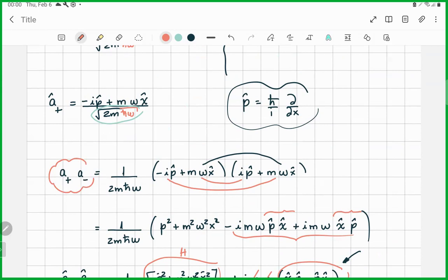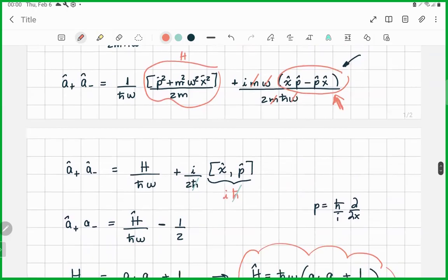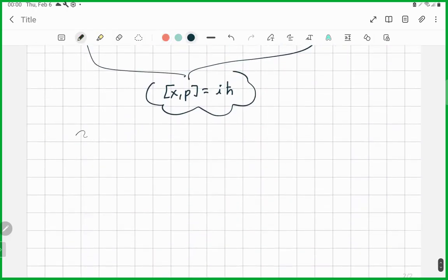If you go through the same procedure in the opposite order, a minus, a plus, and I leave for you to do this, and your book does this case, you will see that you're going to arrive at something very similar. Hamiltonian with that h bar omega, but then what comes next here is minus half because the order matters. Okay, and then you're going to find the Hamiltonian is for a minus a plus with a minus sign here.